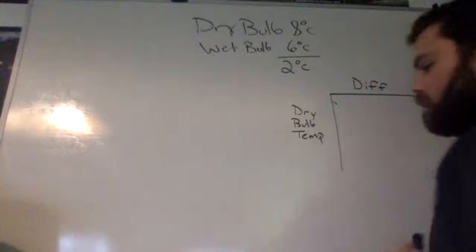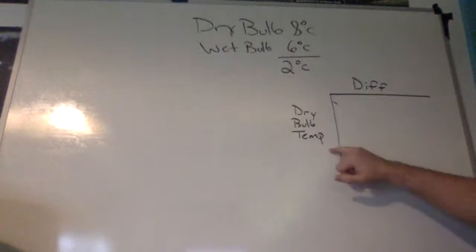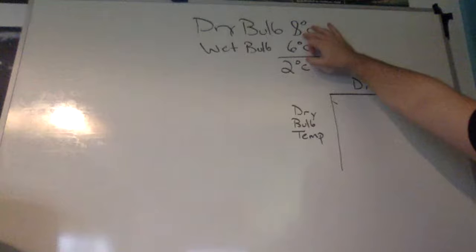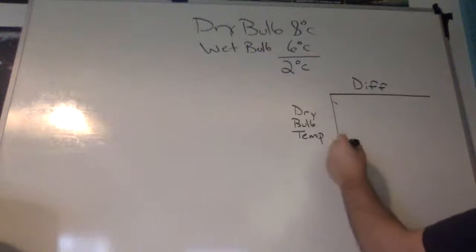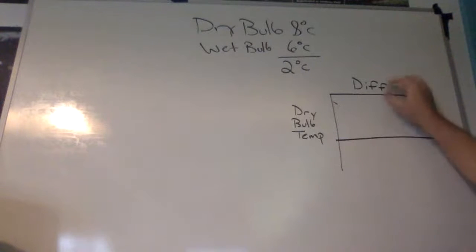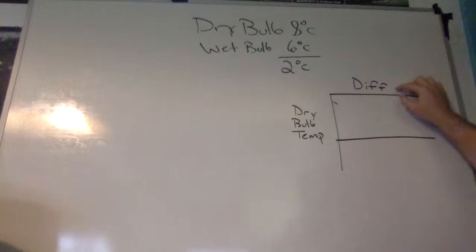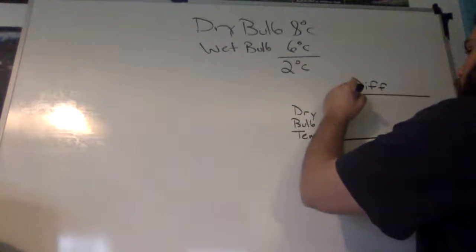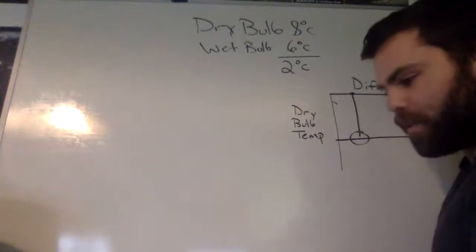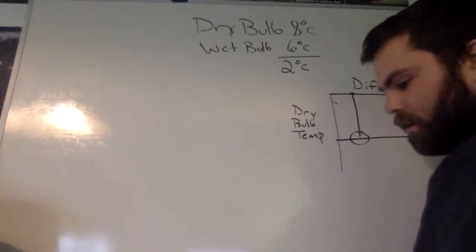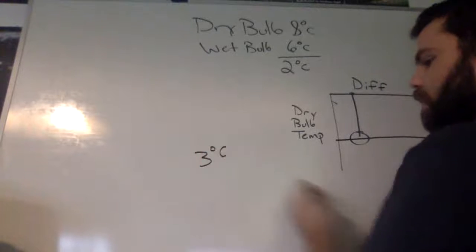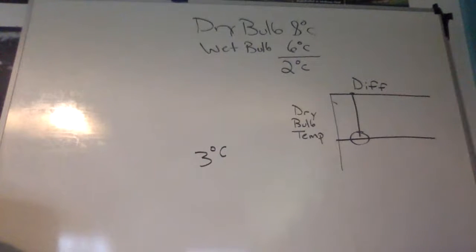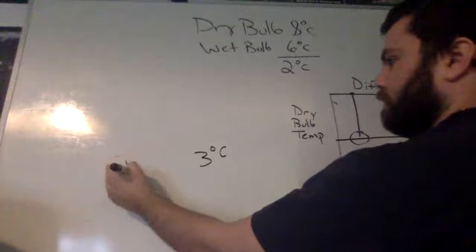We already know the dry bulb is 8 degrees Celsius, so we find 8 over here and follow it across to where it matches the difference between the dry bulb and the wet bulb, which we calculated to be 2. You find 2, you go down, and the number it gives you is 3 degrees Celsius. That is the dew point.